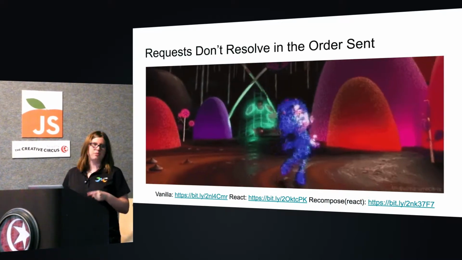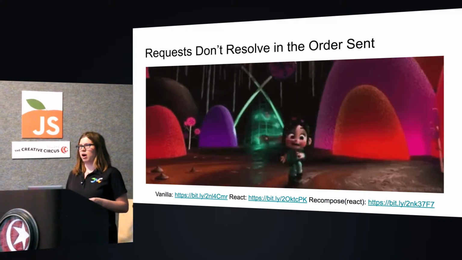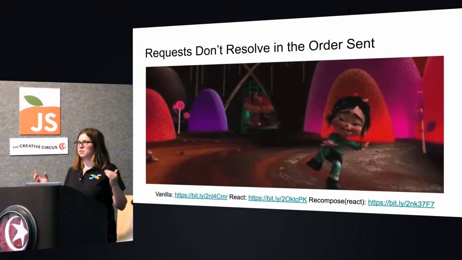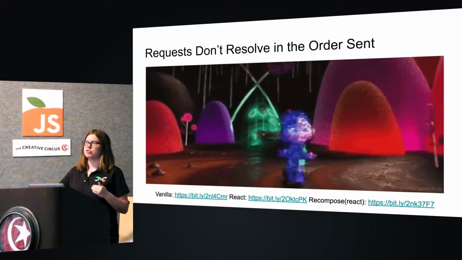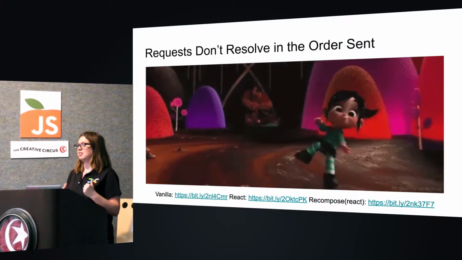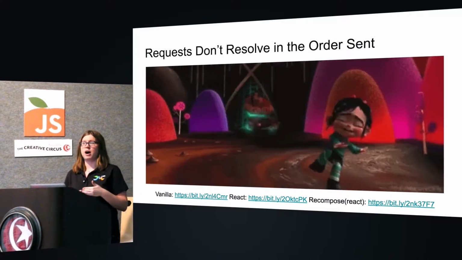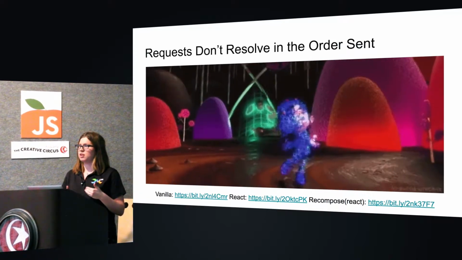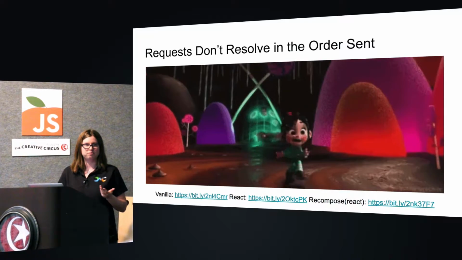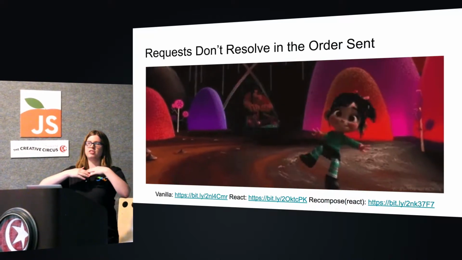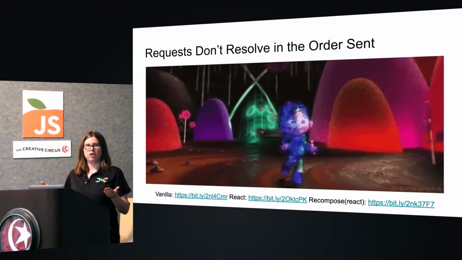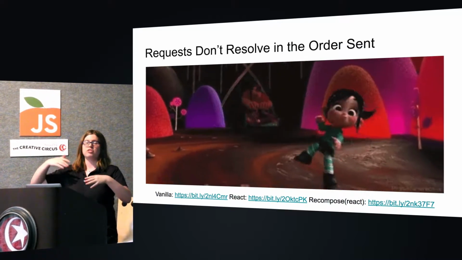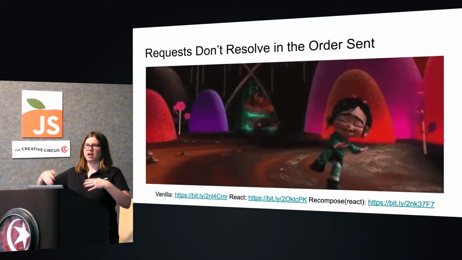And this is probably the most important issue with just doing the naive solution, which is when you send requests to an API, there is no guarantee that you're going to get them back in the same order. In fact, it's very possible that they won't resolve in the order that you send them, because if you think about a database, let's say you're trying to match results to parts of your database, and let's use the example of the e-commerce site again.